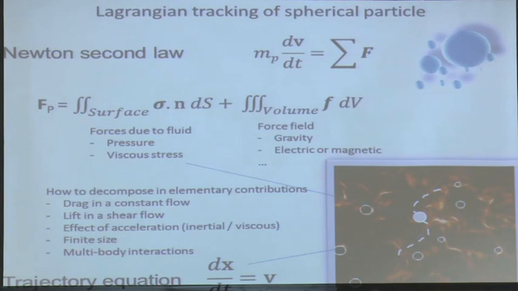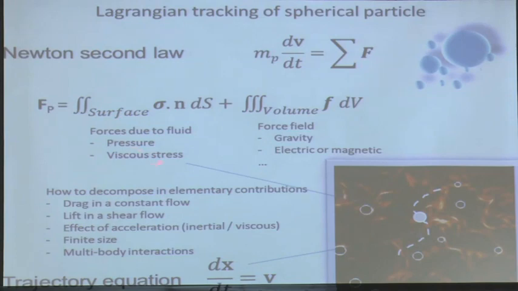So this is why I was telling you that these forces are proportional to the volume of the particle, if F is constant. Within that, you may have gravity. This is the only one we will keep, but you may have other forces like electric and magnetic fields. So let's go back to the forces due to the fluid flow.